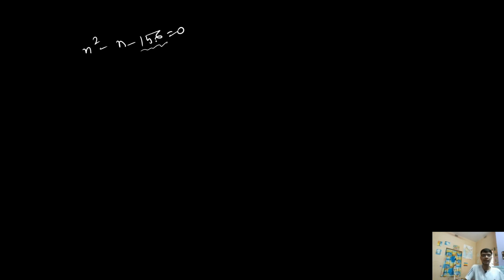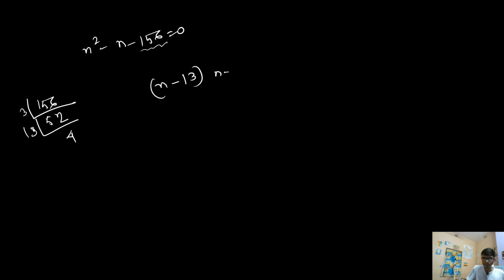Now if I try to factorize 156, that is 52, and what I see, 13 times 12. Okay, so I see 12 and 13 is basically the relation. In this fashion I can factorize this quadratic equation. So from here I will get the value of n as 13 or minus 12.